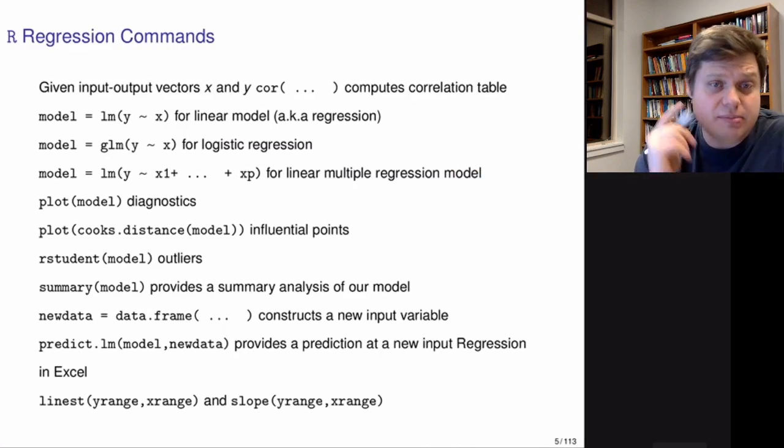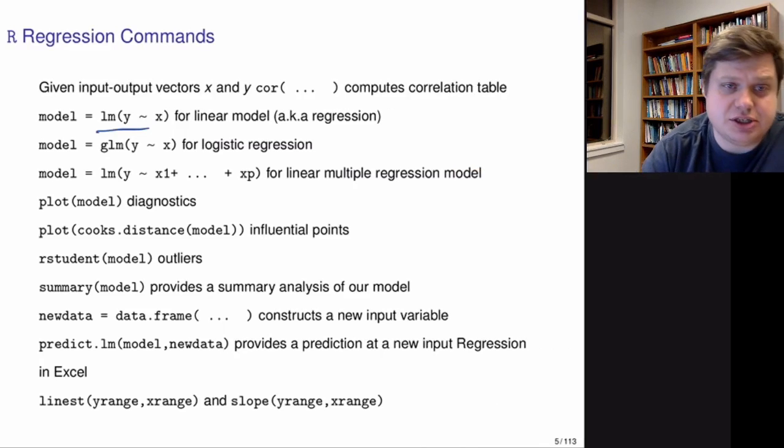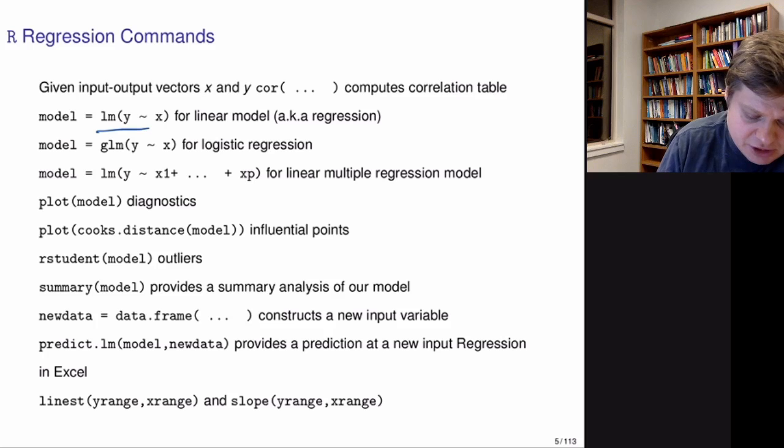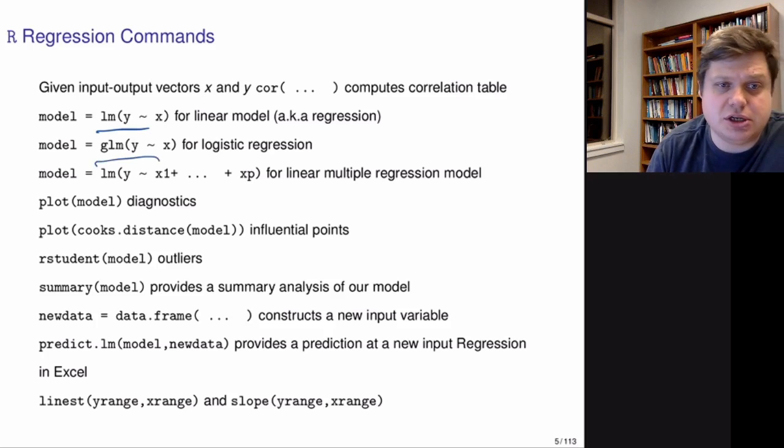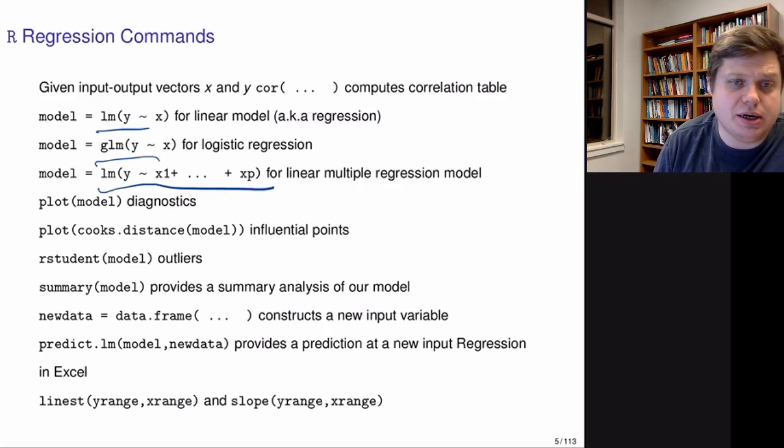The commands are the same, so you've seen those commands before. The command lm is just the command that builds linear model, and the command glm, generalized linear model, we're going to use it for logistic regression a little bit later. And the extension of the lm model for multiple linear regression, when you have more than one predictor, instead of just saying y tilde x, you say y tilde x1 plus x2, where the x's are just prediction variables.